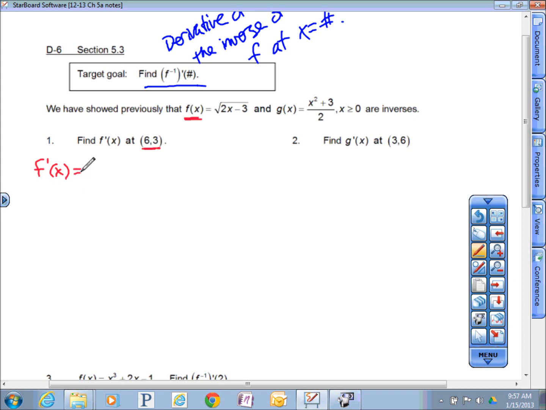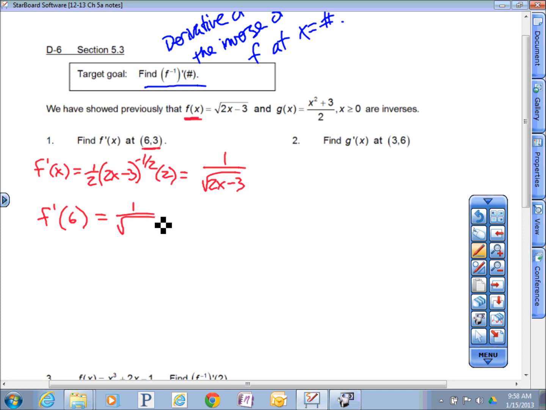F prime of x is 1/2 quantity 2x minus 3 to the negative 1/2 multiplied by 2, or better yet, 1 over the square root of 2x minus 3. So there's my derivative. If I asked a person to find f prime of 6, 1 over the square root of 2 times 6 is 12 minus 3 is 9, square root of 9, this is going to end up being 1/3. So there, I did it.